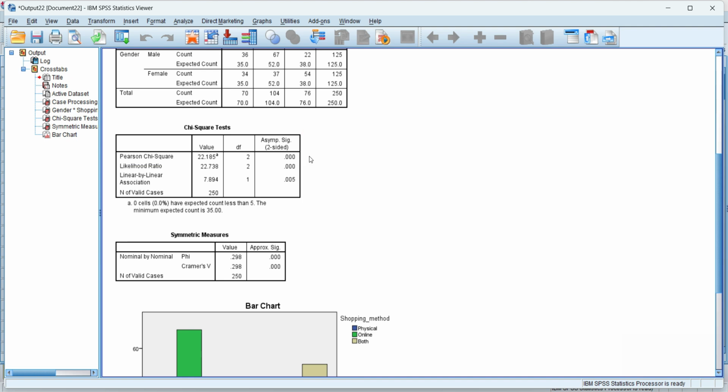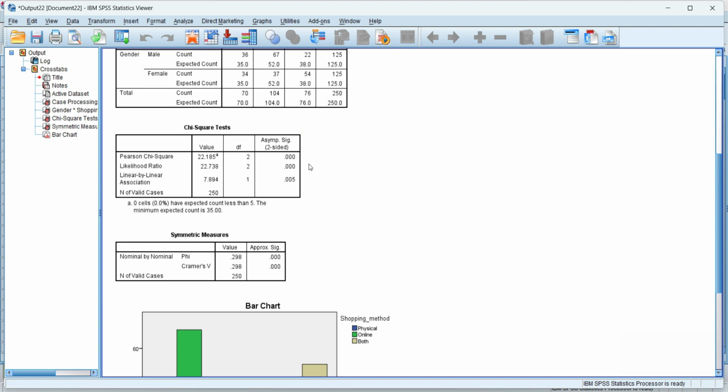So in this way we say that there is a significant association between gender and shopping method, because the value is less than 0.05. If we also see the likelihood ratio, its value is 22.738 with 2 degrees of freedom, and the p-value is also lower than 0.05.